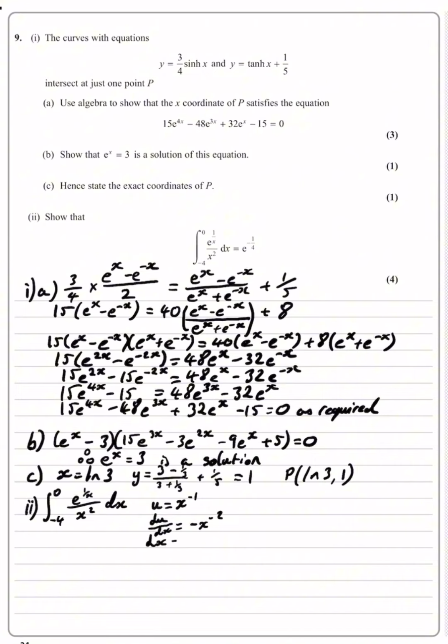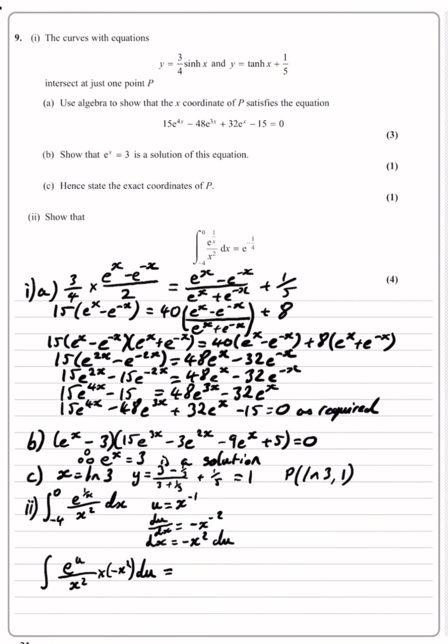And therefore dx is equal to -x^2 du, if you forgive me for splitting the variables like that. If you've not done it that way, that's absolutely fine. You've done it the proper way, but I know that you guys quite like coming up with a substitution for dx in terms of du.